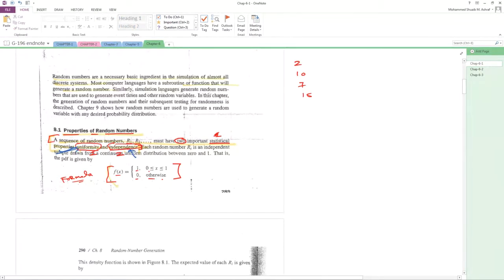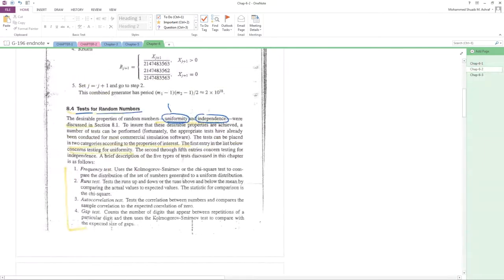These are the two properties, uniformity and independence. For these we have four types of test. Number one is the frequency test, number two is the run test, number three, and number four.